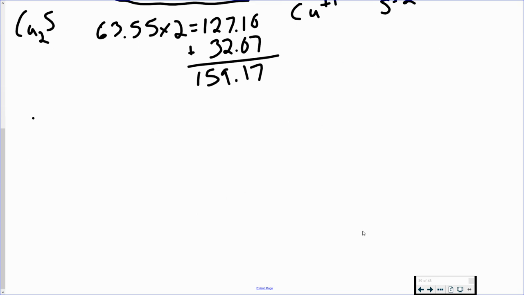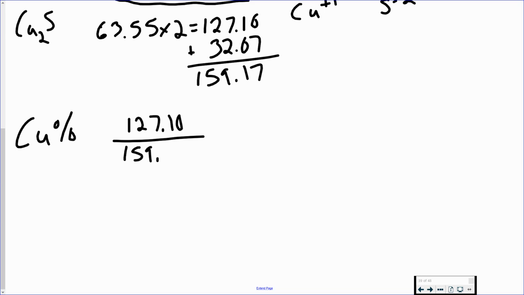So what we'll start with is for copper percentage, you're going to take the mass of copper, which is 127.10, over the entire compound of 159.17. We're going to take that answer and multiply it by 100, and we're going to get our percentage.